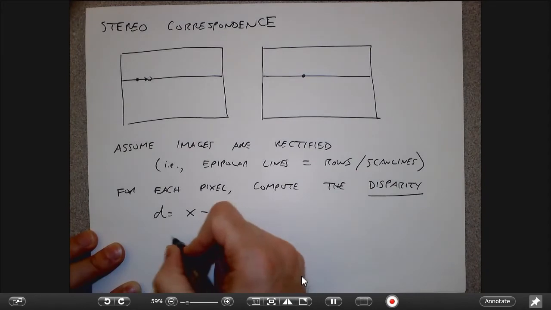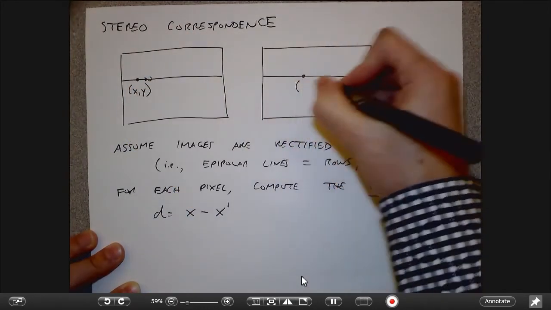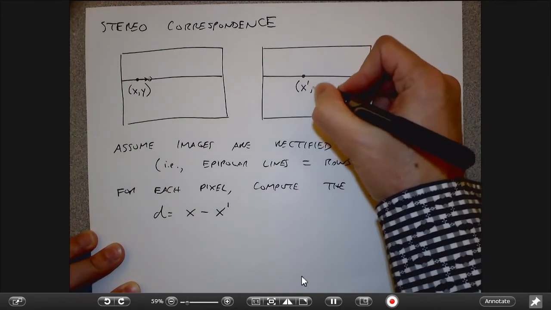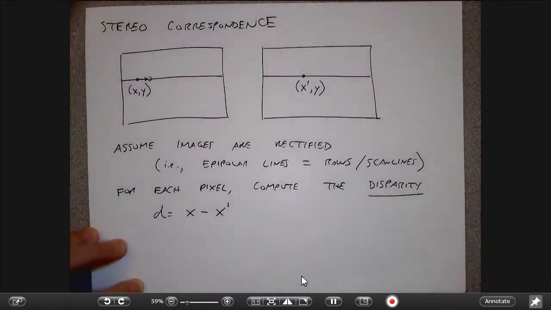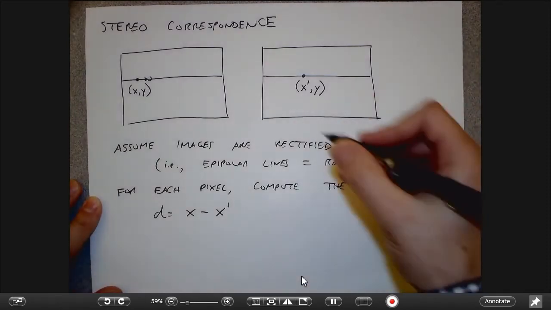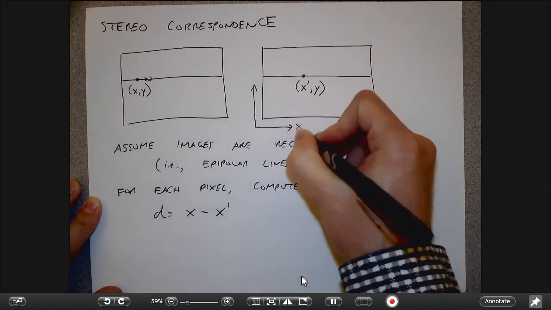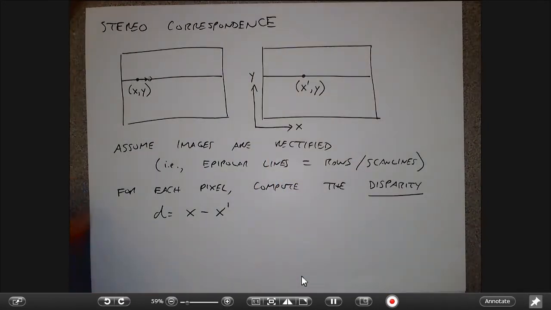That's like saying that in image 1 we have x, y, and in image 2 we have x prime, y, and the y's are the same because we've assumed that everything is rectified. That means that every row of the first image corresponds with the corresponding row in the second image. I'm using a Cartesian coordinate system where this dimension is x and this dimension is y, so since the y's are equal, they occur on the same row.